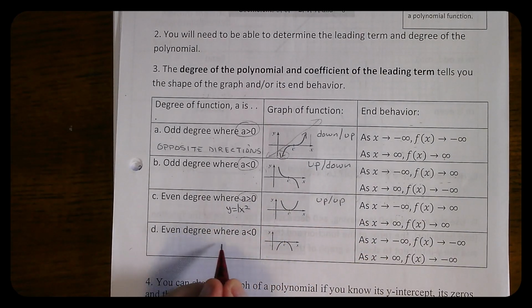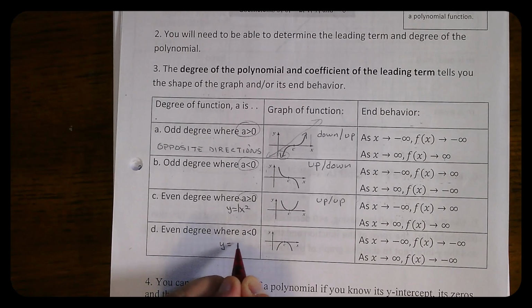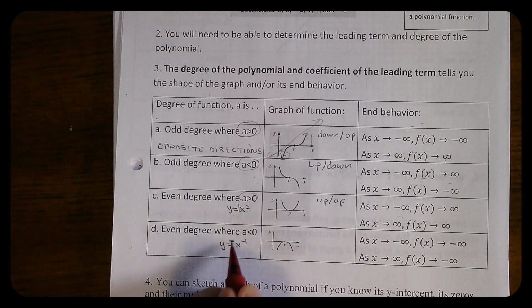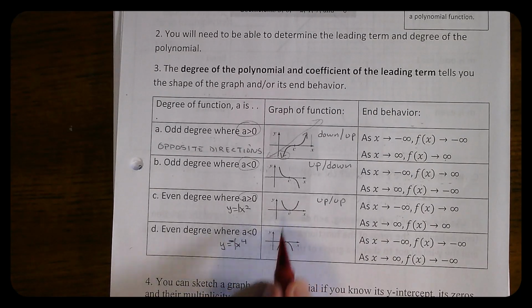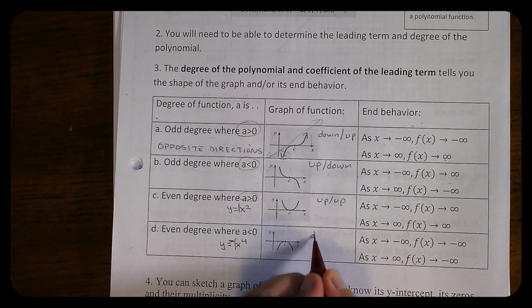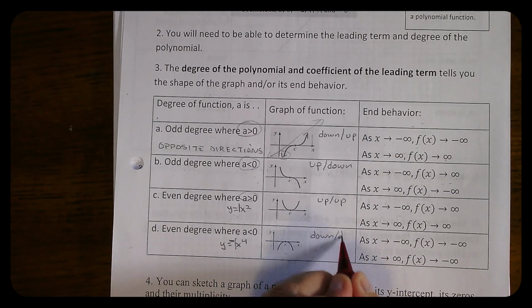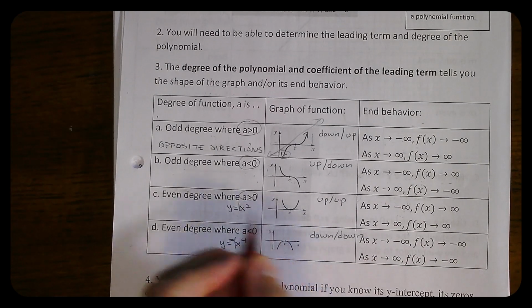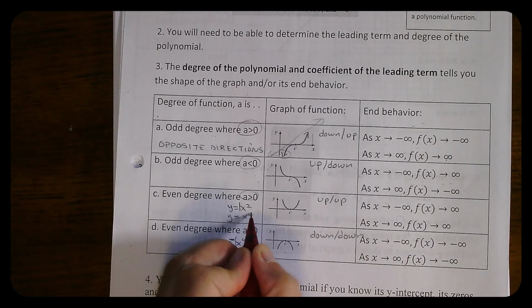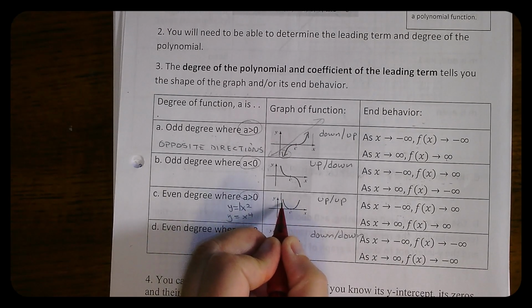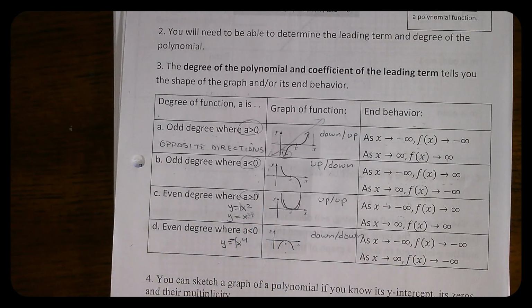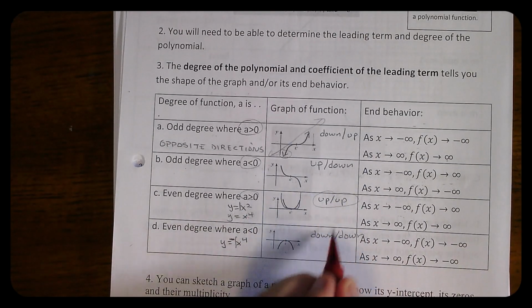And if this is an even degree, like y equals x to the fourth, and you have a negative in front, then that -1 is going to reflect it over the x-axis, and it's going to be down, down. All right, so the only difference between an x squared and an x to the fourth is that it would look just like this, except it would start to look a little bit more flat at the base, the higher that even degree goes, but the end behavior doesn't change.